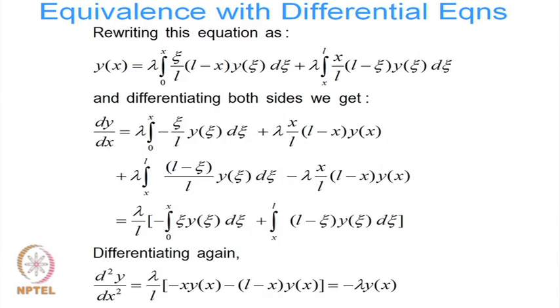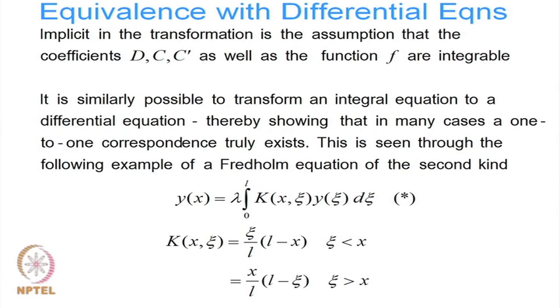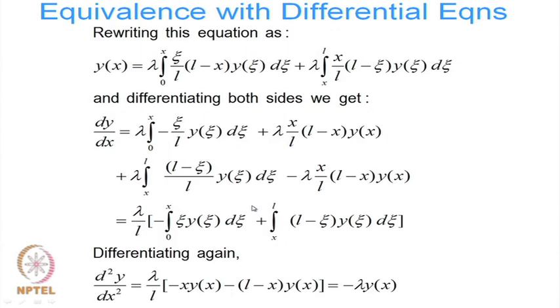So we rewrite this equation in this form. Basically I am breaking it up into two. My original integral limits were between 0 and L, so I am going to break it up into two regions, between 0 to x and x to L, right?